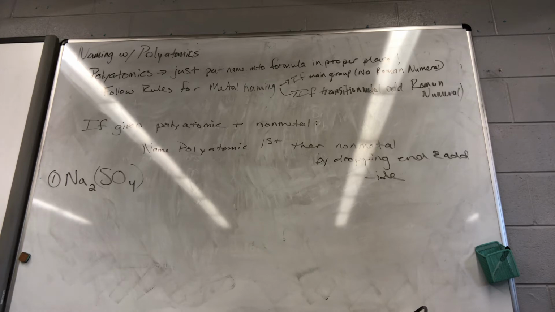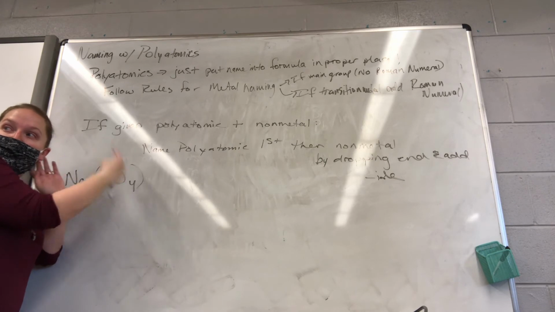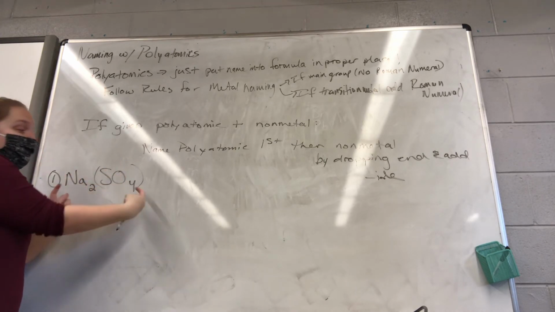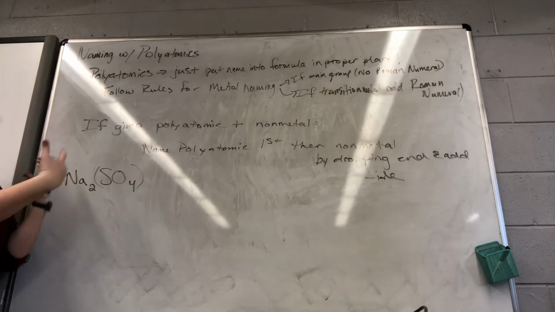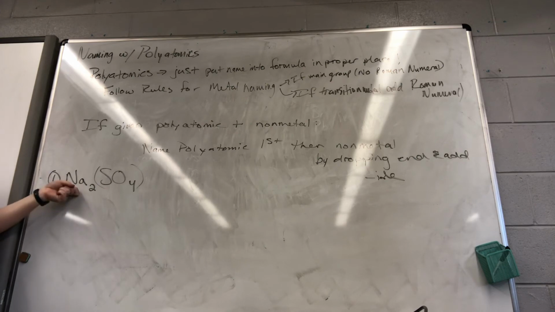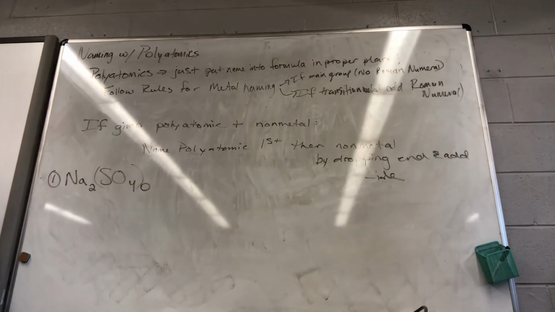Because I want you to recognize that charges go with the whole ion. They don't go with one atom. If I go to uncross my charges here to figure out what the metal charge is, which I don't need to do because I know what sodium's charge is in this particular case, but pretend I was trying to figure out what the charge on this thing was, right? Then what I need to do is I need to make sure I realize the subscript of the polyatomic ion is outside the parenthesis.